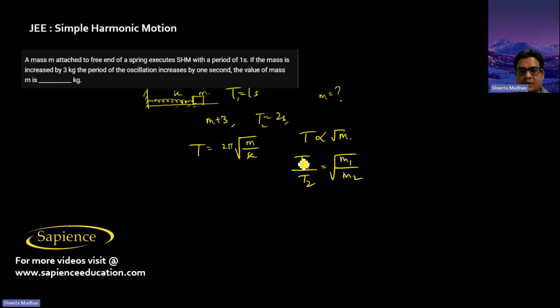Now M1 is M and M2 is M plus 3. So it means 1 by 2 is equal to root over M by M plus 3.